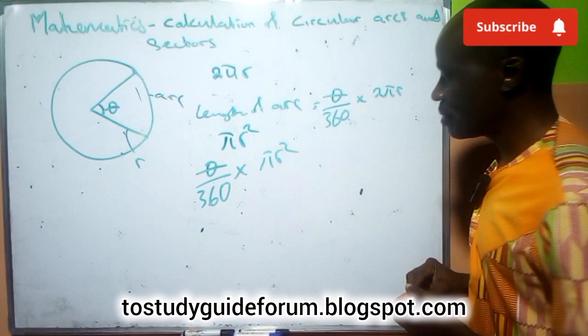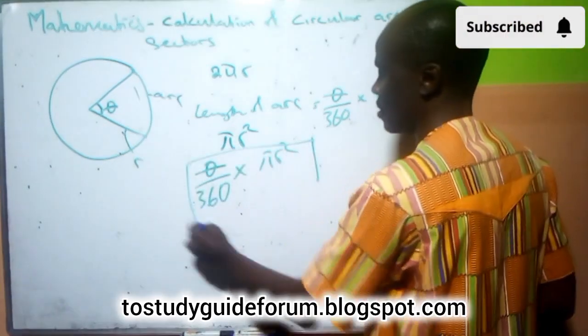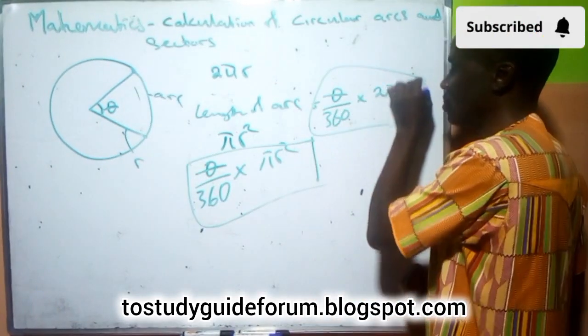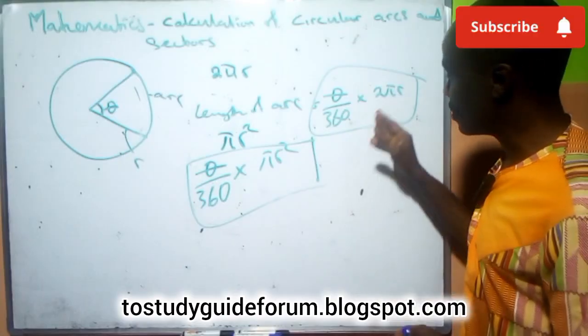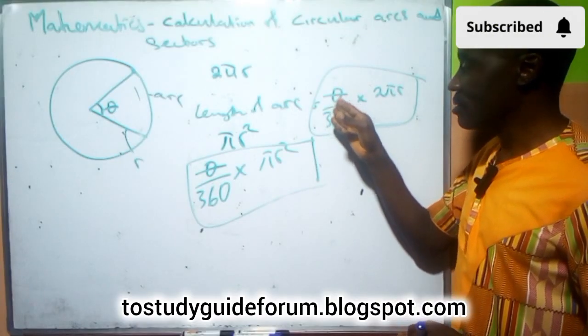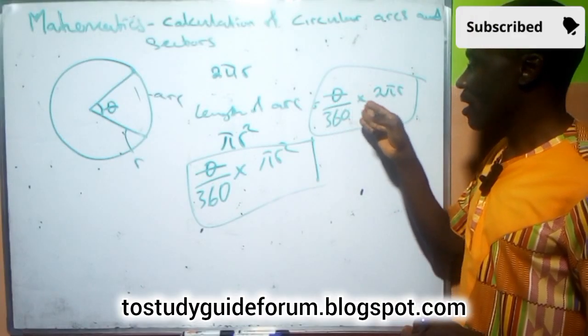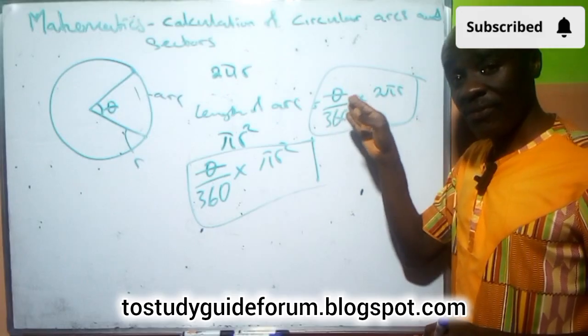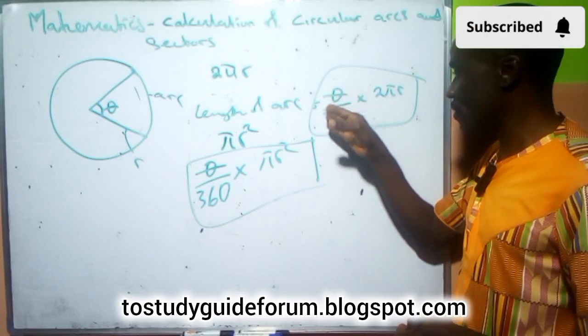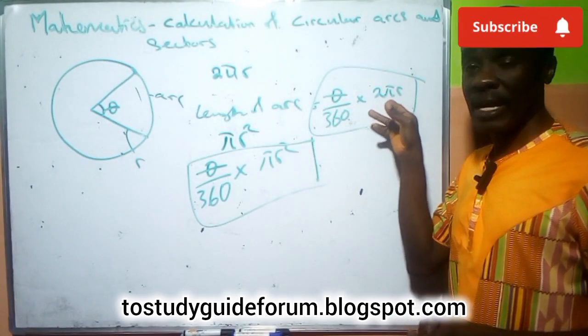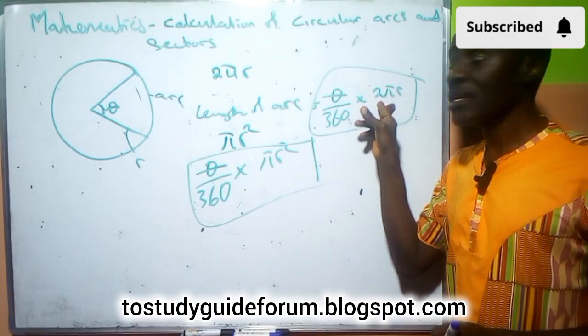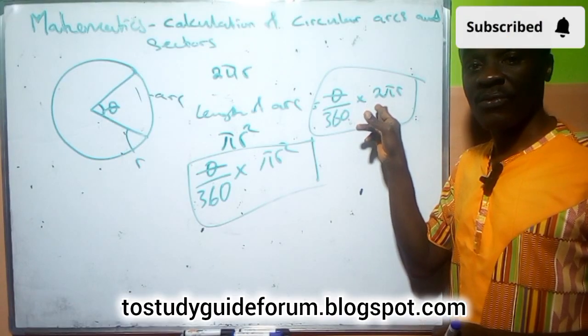Just look at this very well, and look at the other one very well. I want you to pick out something here. We are only calculating the fractions of each of these and multiplying them with the whole. This one is multiplied with the circumference.